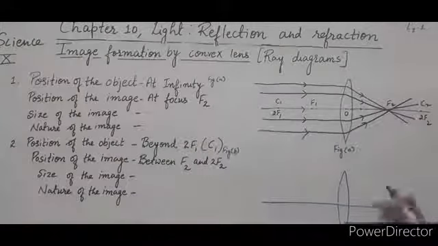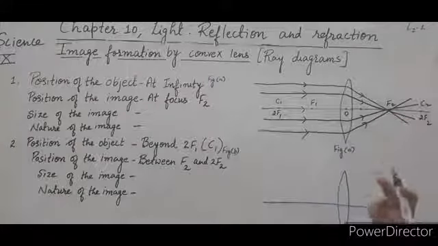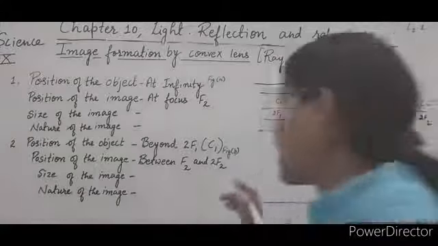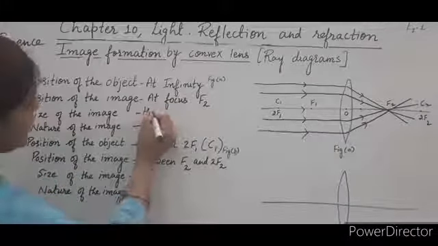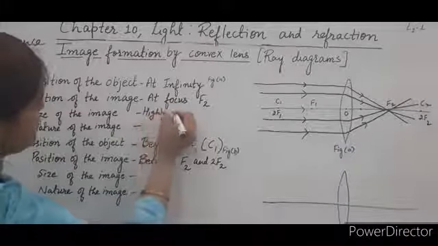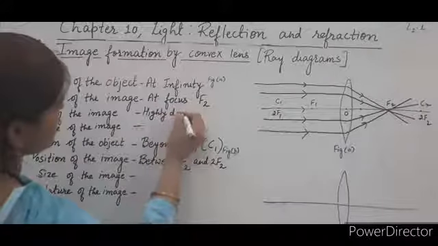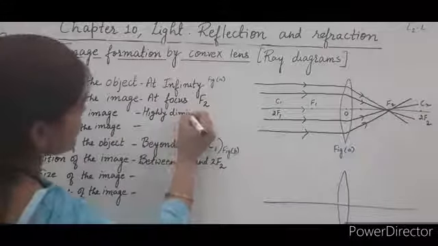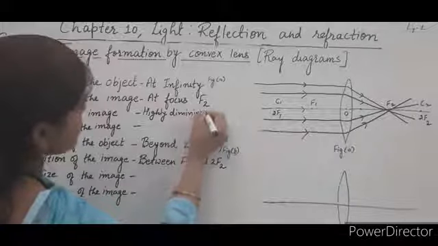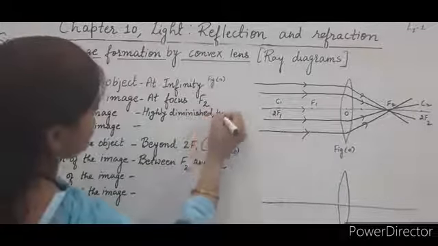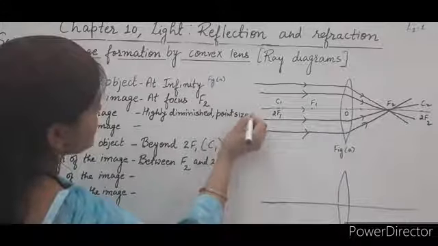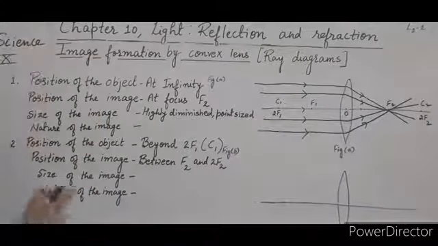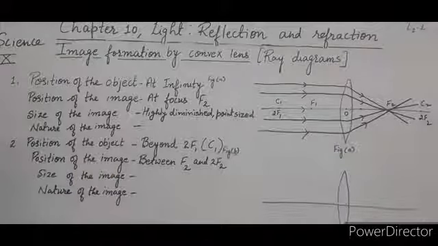Now the size of the image. The size of the image is very small, highly diminished, or we can say point sized. Now next, the nature of the image.